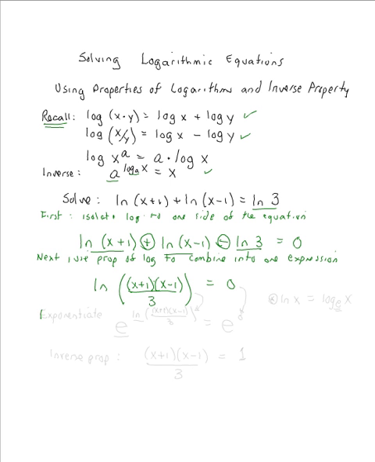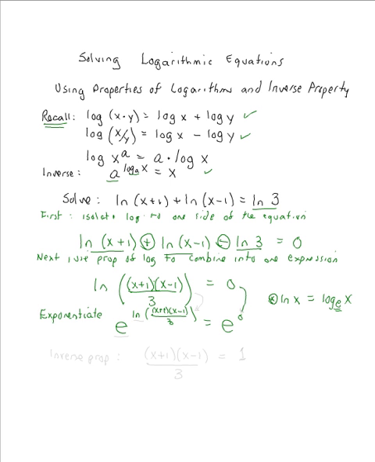Now that we have a single logarithm, we can exponentiate. And keep in mind, remember, natural log is log base e of x. So we're going to be using that base e to exponentiate. e raised to whatever's on the left, the natural log of x plus 1 times x minus 1 over 3, will be equal to e raised to the 0.